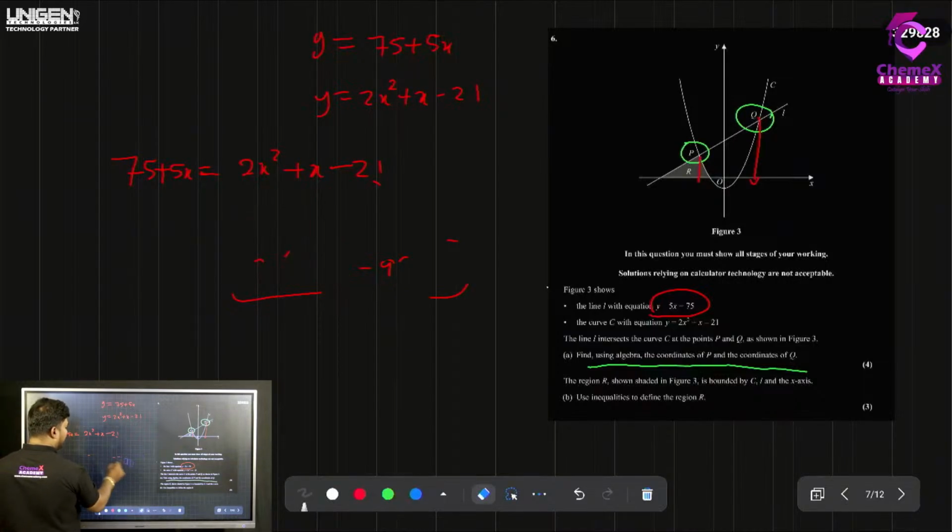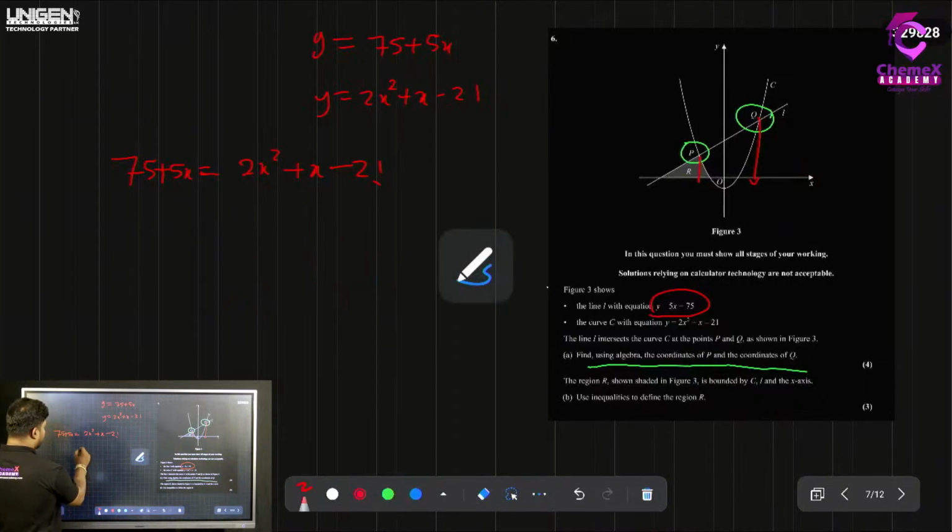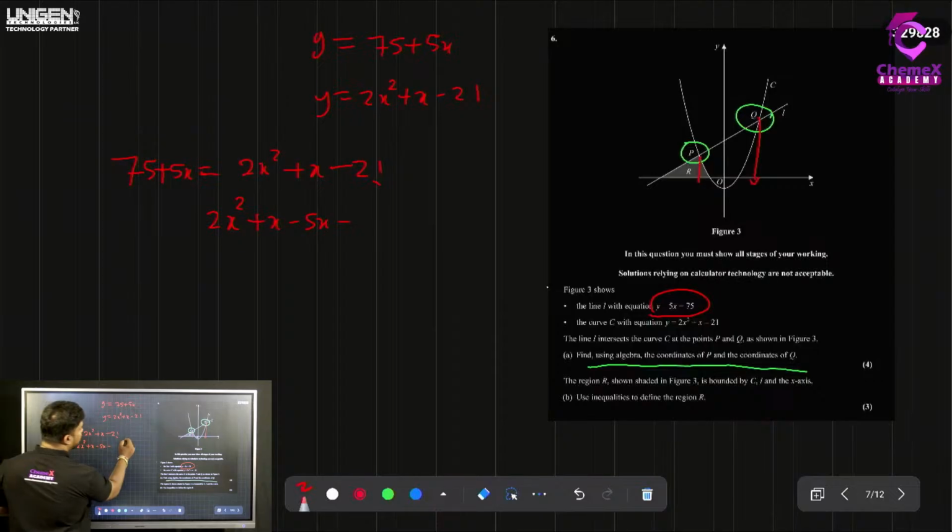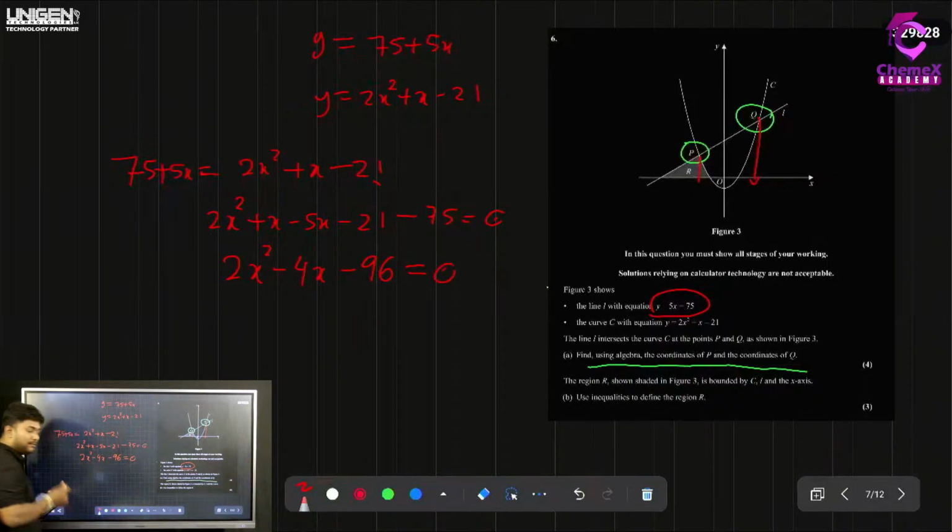So after equating the two things, 2x squared plus x minus 5x minus 21 minus 75 equals 0. So 2x squared minus 4x minus 96 equals 0. Can you tell me the quadratic answers for those two?